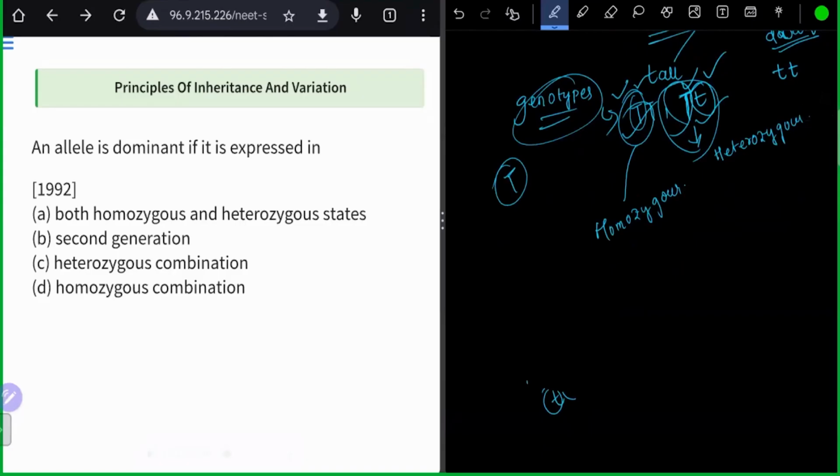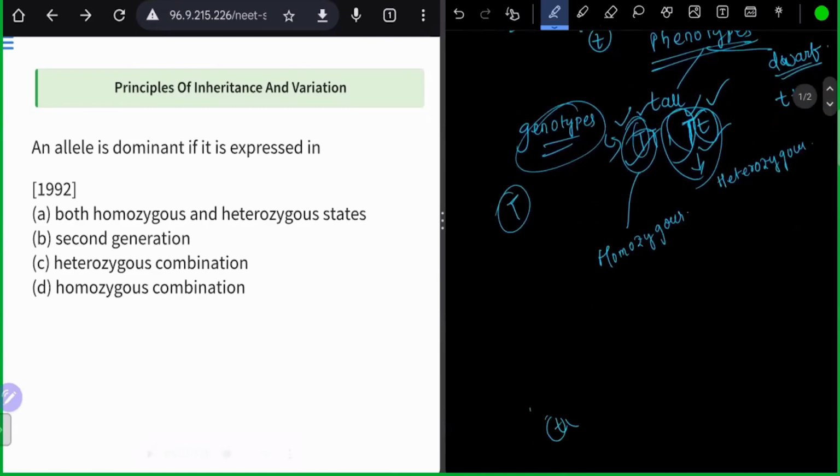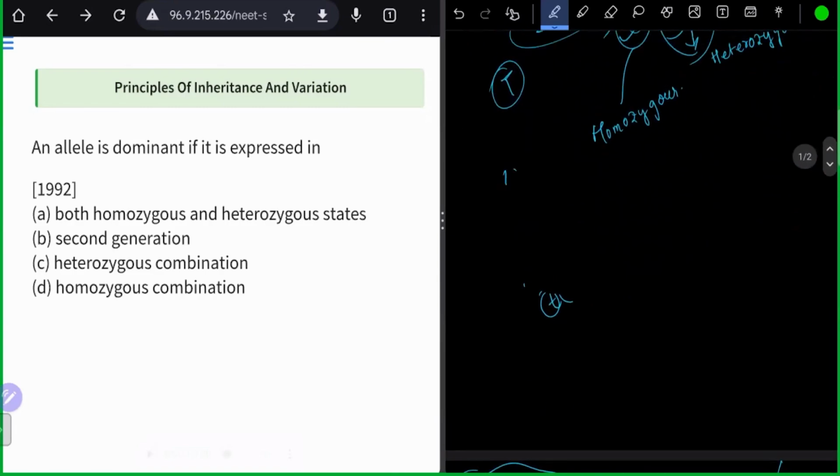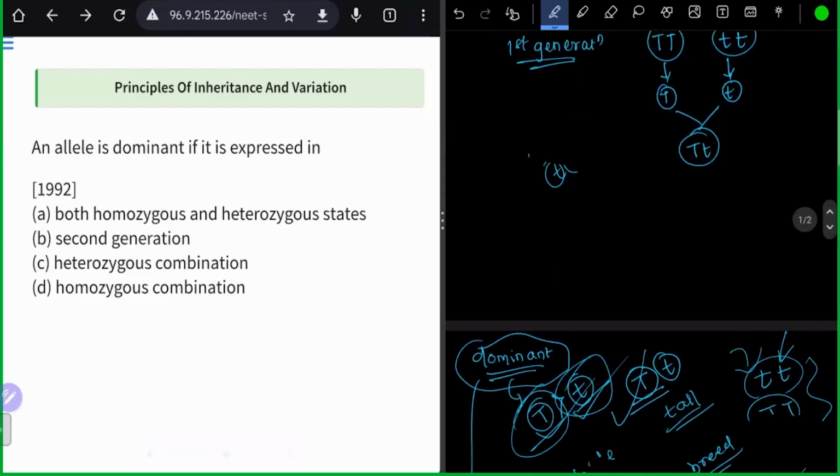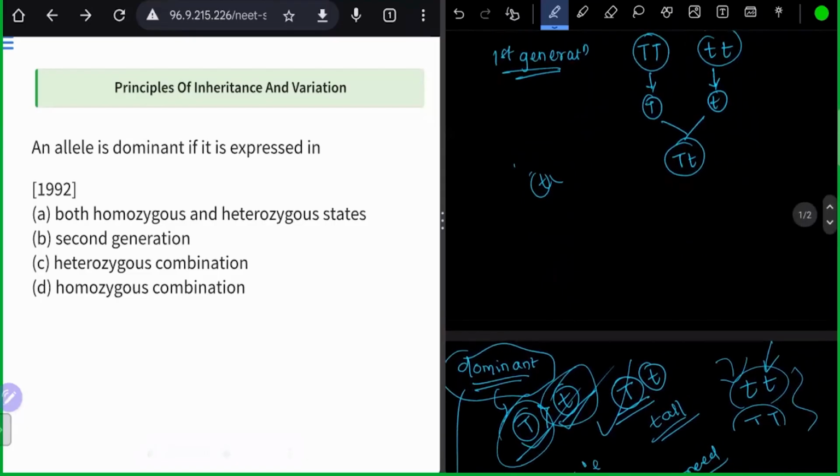What is the second option? Second option is in second generation. Here, if I cross, this is the first generation: capital T capital T and small t small t. The alleles are capital T here, small t here. If we cross, the product is capital T small t. Then in the second generation, we always do a self cross.